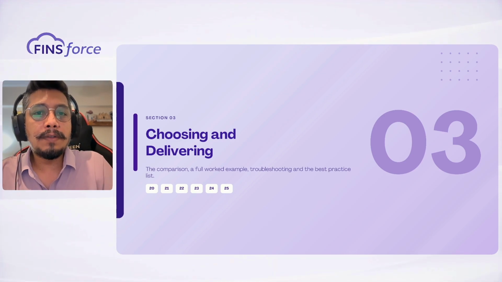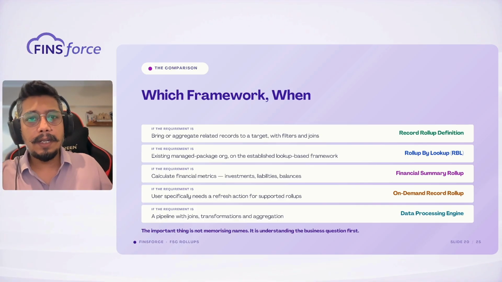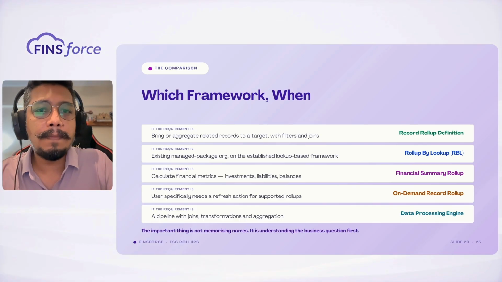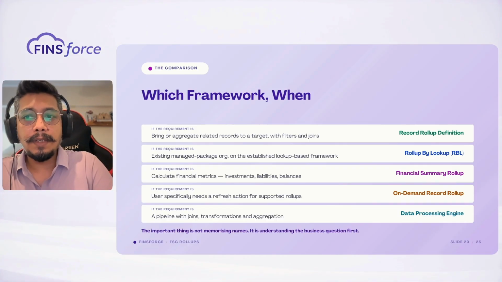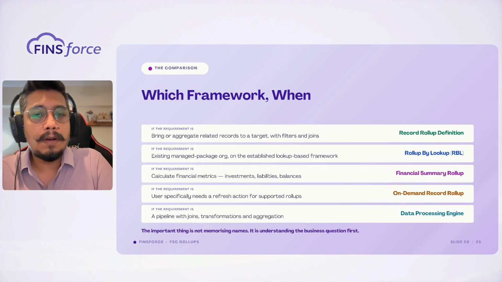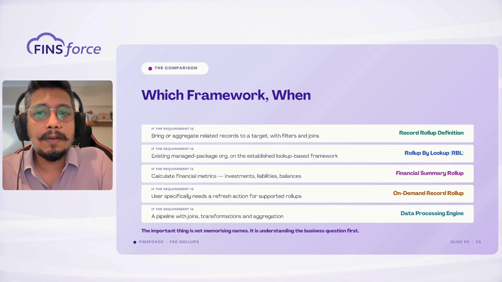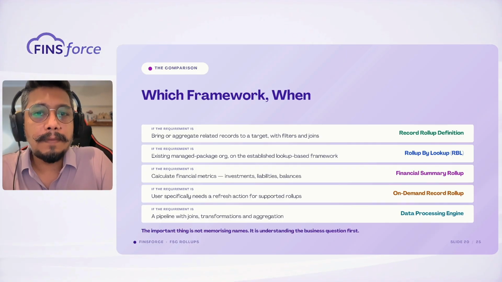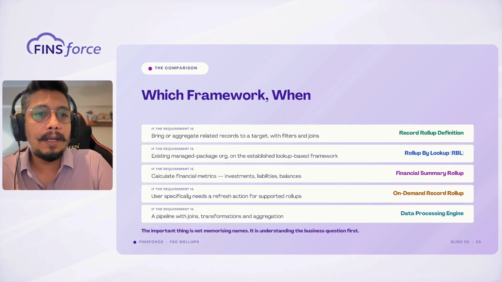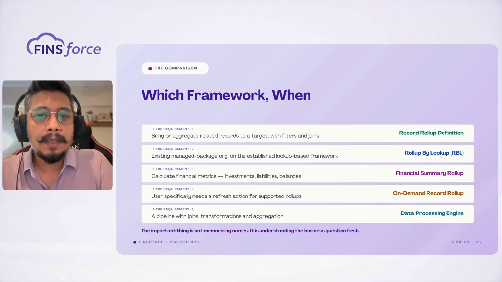Now, choosing and delivering, as we have already done the exercise. If you have to bring the aggregated record to the target object, we have to use the record rollup definition. If you are still using the managed package org, then you should use the record by lookup option. If you want to calculate financial metrics like investments, liabilities or balance, then you should go for the financial summary rollup.